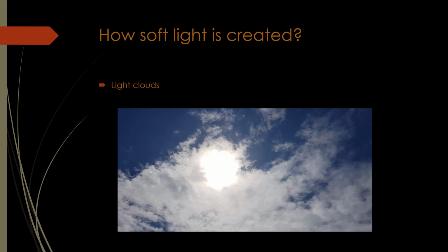So how is soft light created? I split it into different conditions. The first one is when there are some light clouds, like in this picture. The light is still bright and we can see the shadows clearly, but the shadows will be softer compared to real direct light conditions, when we can clearly see the edge of the shadow.